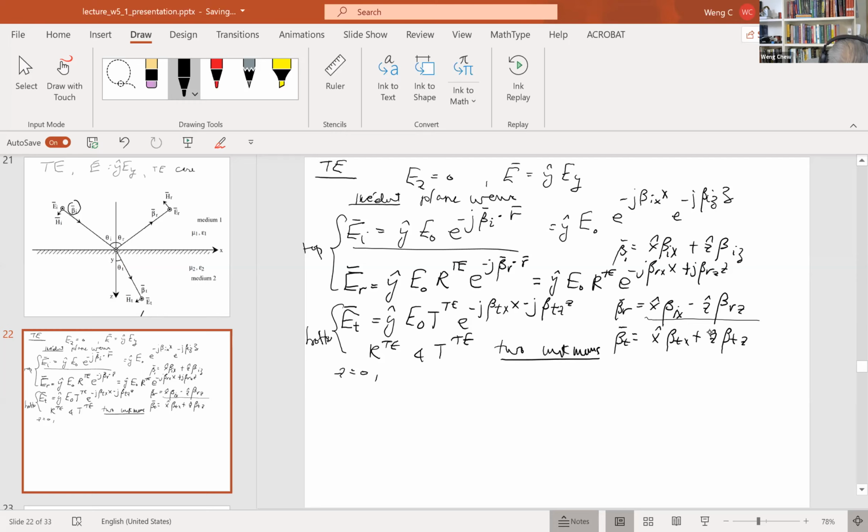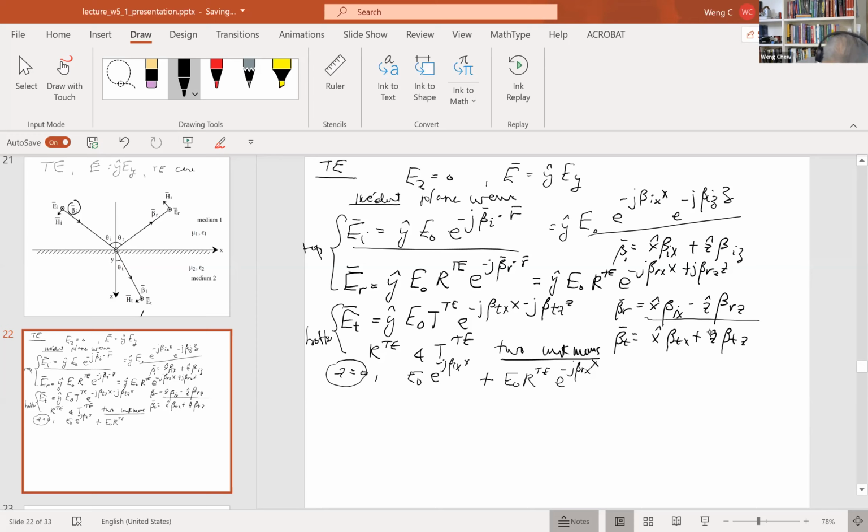If we equate the equations, then we will have E0 e to the minus j beta Ix x.